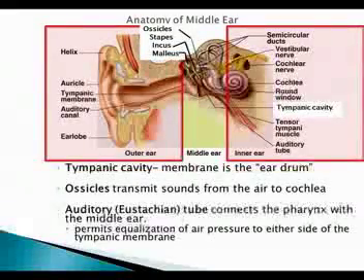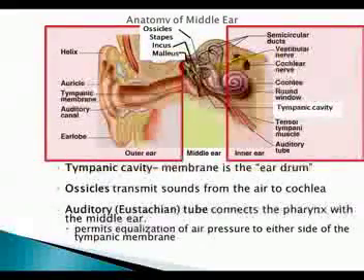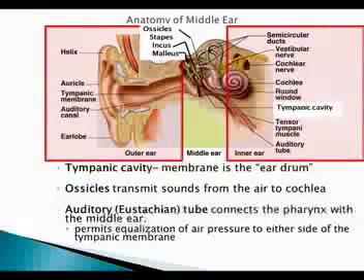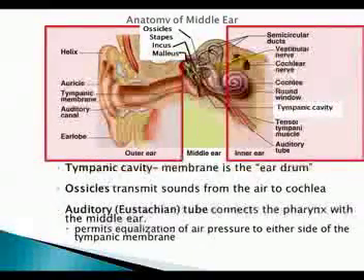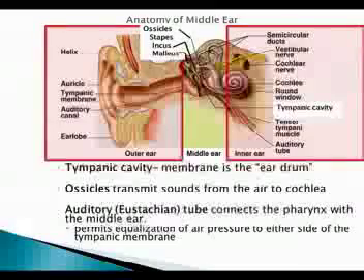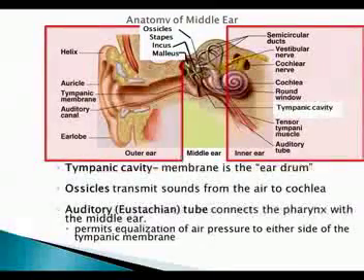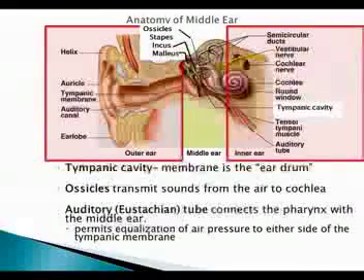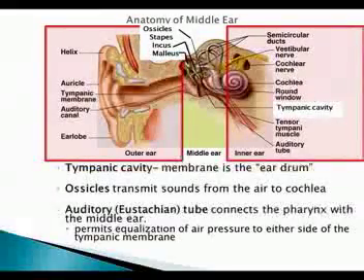So it's one easy way to identify which is which. And they're all about transmitting those vibrations that come through the ear canal, hit the tympanic membrane or the eardrum, and they're transmitting it to an opening called the oval window. The oval window exists basically at the entrance of the cochlea or the vestibulocochlear complex.